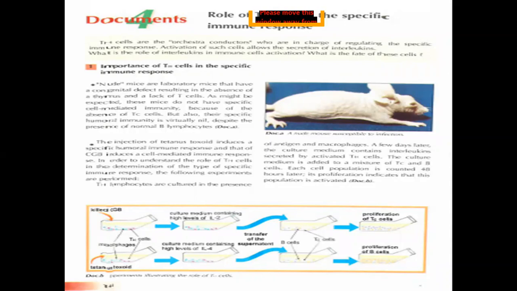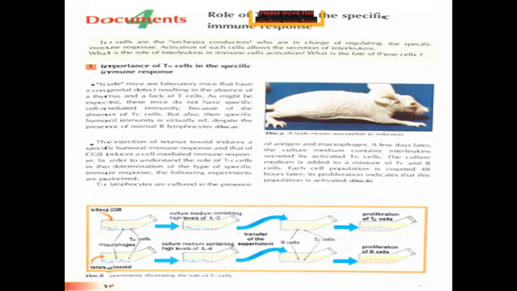In order to understand the role of the T helper cells in the determination of the type of specific immune response, the following experiments are performed. T helper lymphocytes are cultured in the presence of antigen and macrophages.